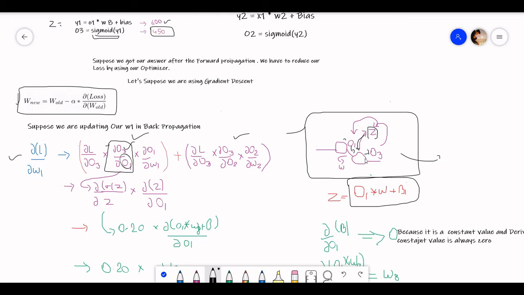After that, applying the sigmoid activation function, we are getting O3. So we are just taking a variable with the name Z. So we are replacing our O1 with Z. So similarly here also we are replacing the derivative of O1 with the derivative of Z.